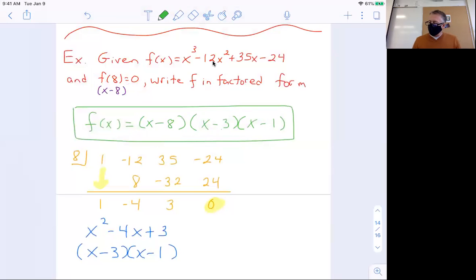So I'm going to do one more example, and I'm going to have you guys do a couple. And I'm going to word it that way about finding roots.